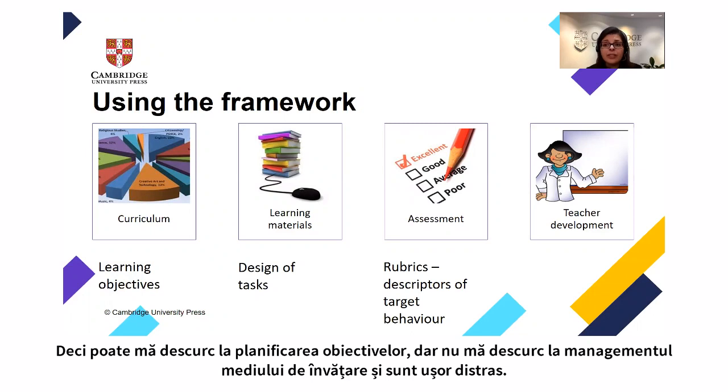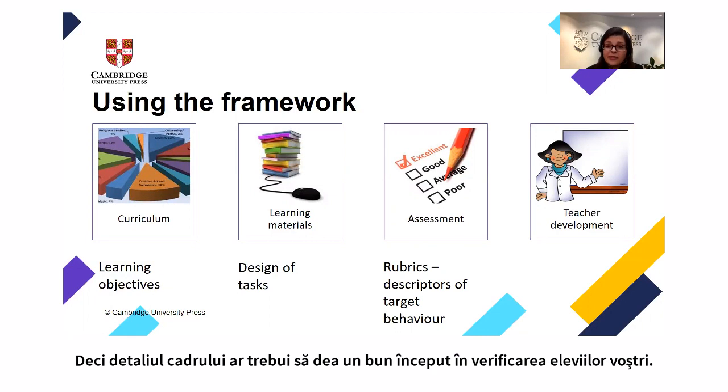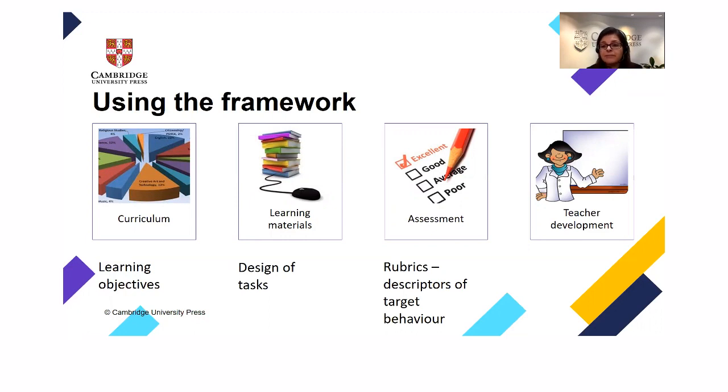So maybe I'm quite good at planning for my learning and setting goals. Maybe I'm not so good at managing my learning environment so that I get easily distracted. So the detail of the framework should hopefully give a good starting point for assessing where your students are at.